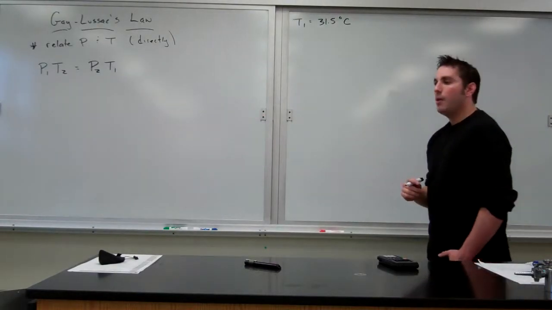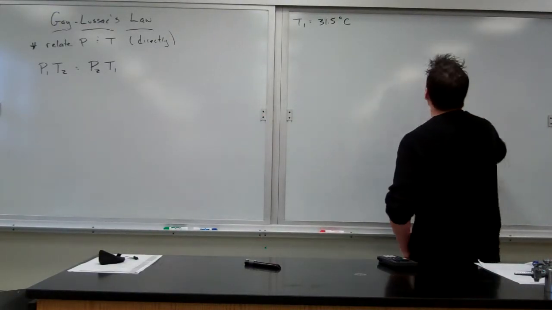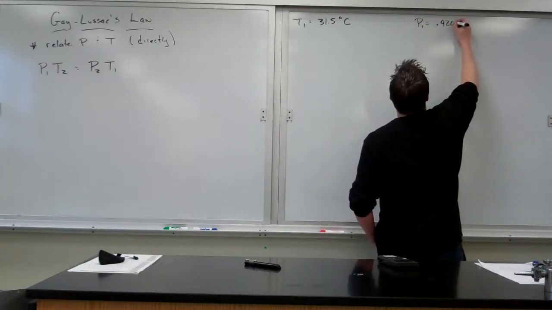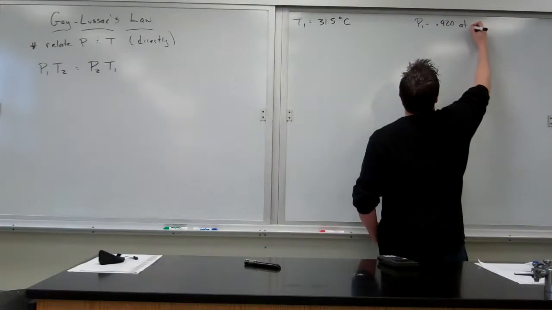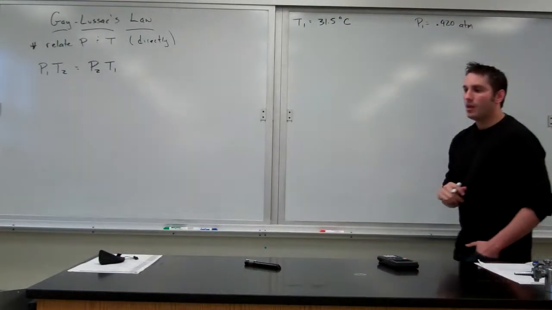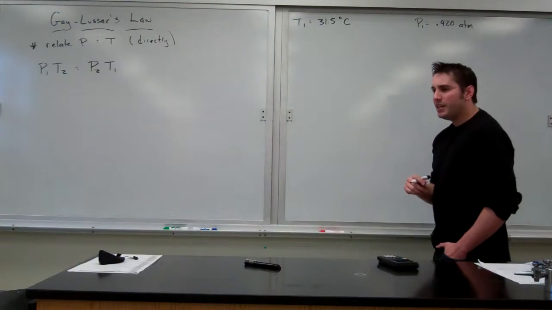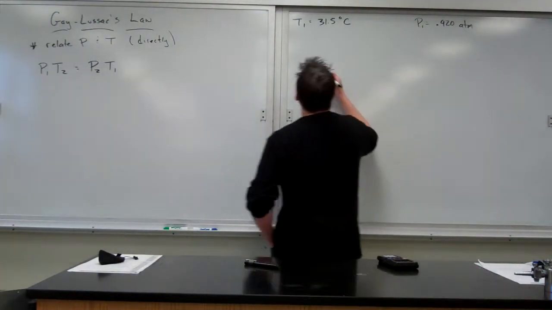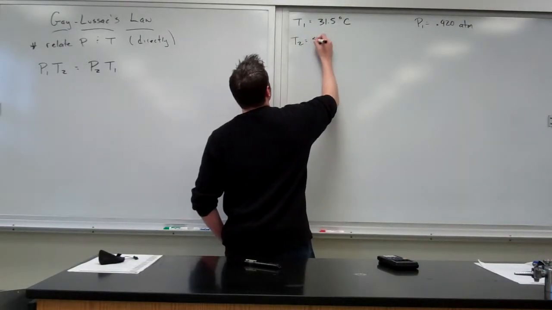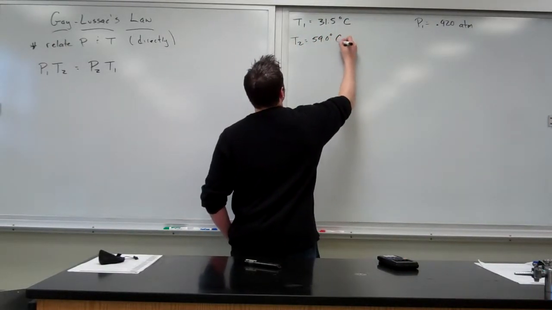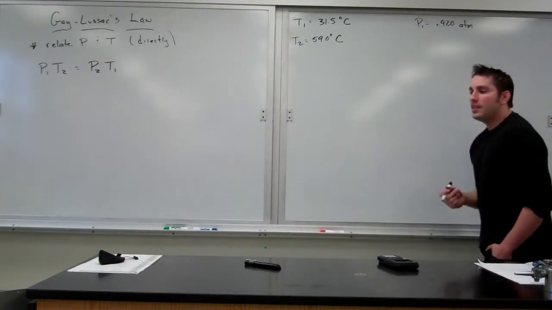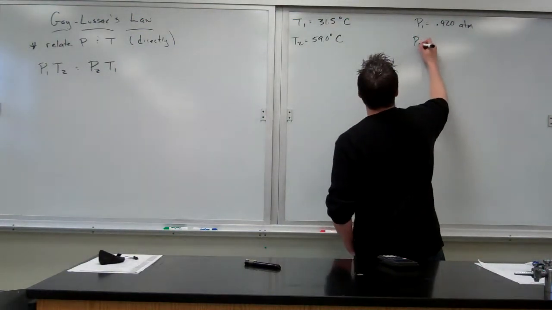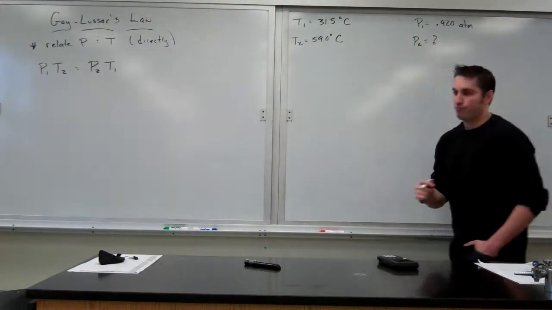Second number I see, 0.920 atm, that is a pressure. Third number I see is 59.0 degrees Celsius, that is a temperature. And the last thing I see, because I'm out of numbers, is that I am trying to find the final pressure.